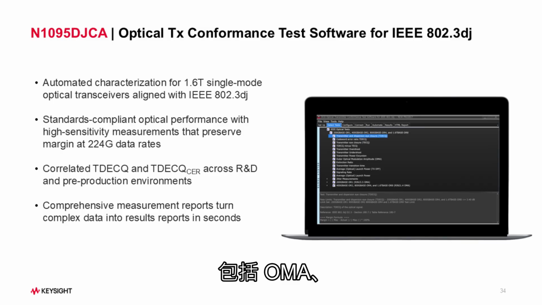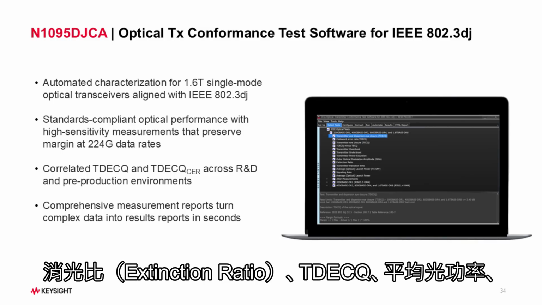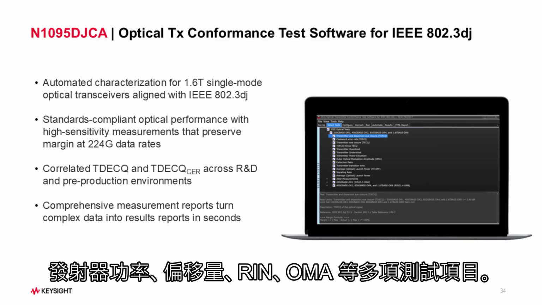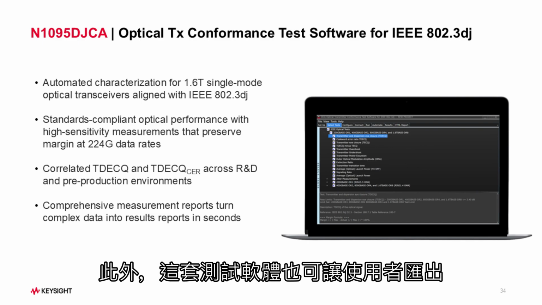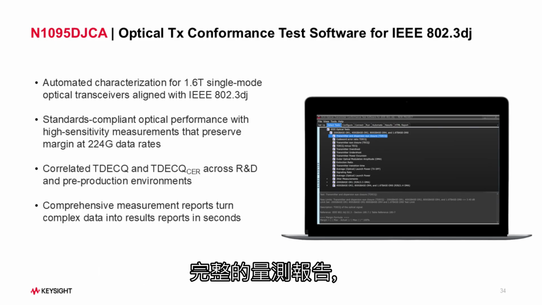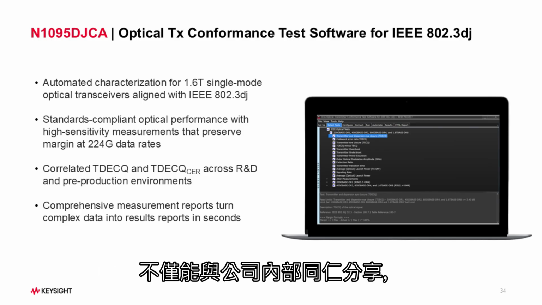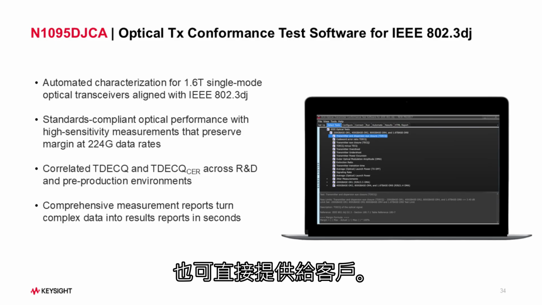That includes OMA, extinction ratio, TDECQ, average optical power, transmitter power excursion, RIN OMA, and so on and so forth. The test app will also allow users to export comprehensive measurement reports that can not only be shared with colleagues internally, but also with customers.